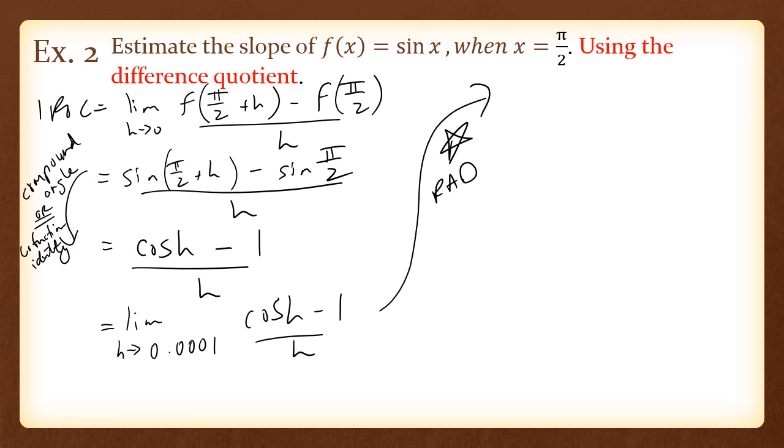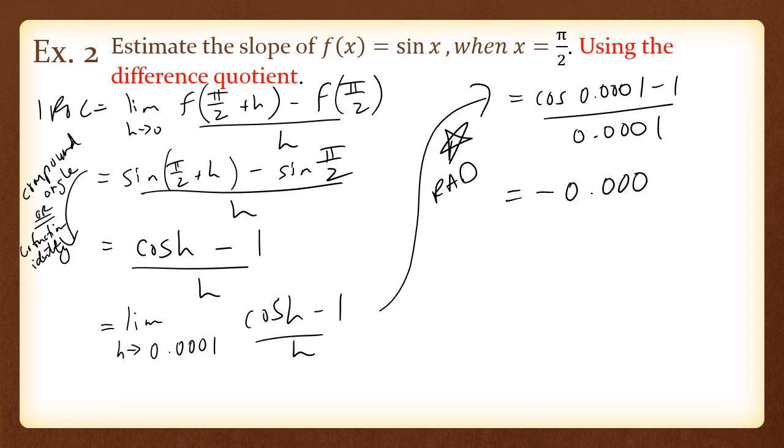So we're just going to straight up sub that in. So this equals cos of 0.0001 minus 1 all over 0.0001. Type that in, you should get negative 0.00005.